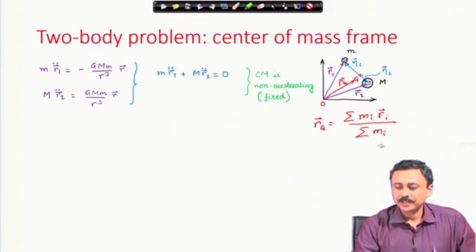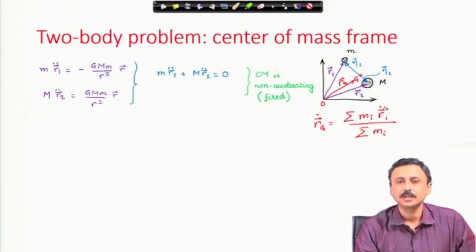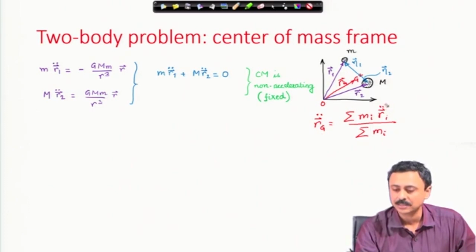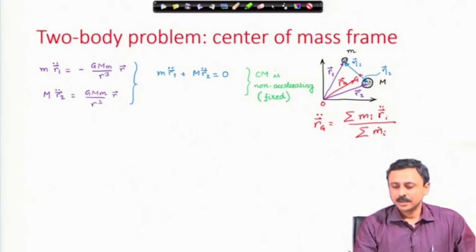This is how the position vector of the center of mass is defined. Now, these masses are all constants, that is what we assume. Therefore, I can start taking derivatives of this equation. The first derivative gives the velocity of the center of mass in terms of the velocities of individual point masses. The second derivative gives the acceleration of the center of mass in terms of the accelerations of the bodies involved.